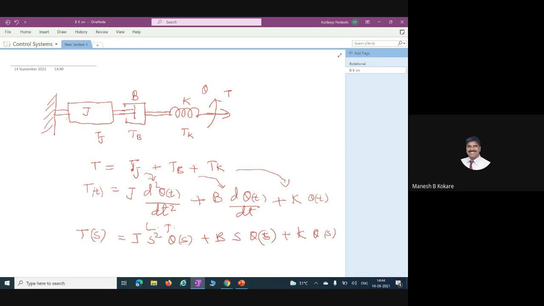So what you have to find is theta(S) by T(S), which is equal to 1 upon (S square J plus BS plus K). This will be the overall transfer function of the given system.